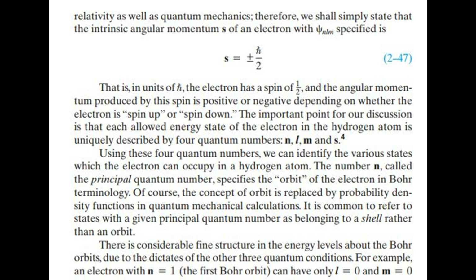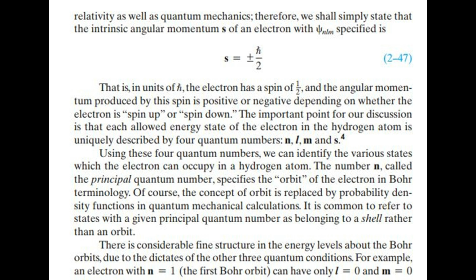That is, in units of ħ, the electron has a spin of 1/2, and the angular momentum produced by this spin is positive or negative depending on whether the electron is spin up or spin down. The important point for our discussion is that each allowed energy state of the electron in the hydrogen atom is uniquely described by four quantum numbers, n, l, m and s.